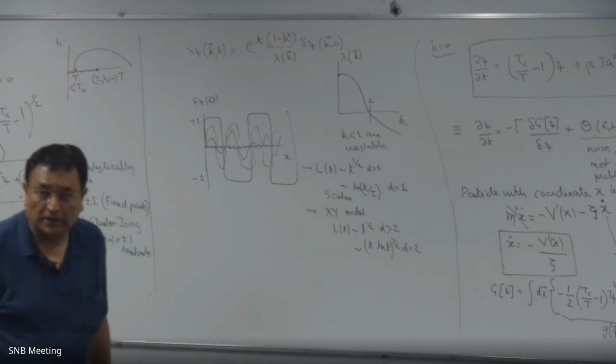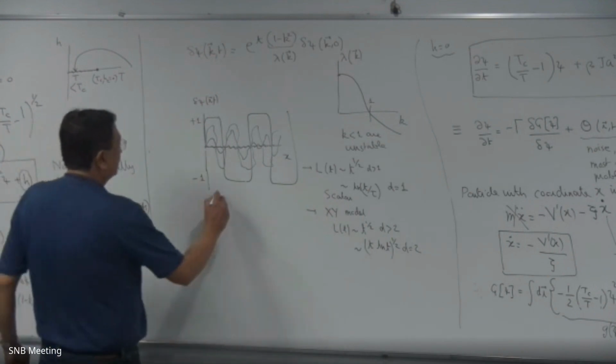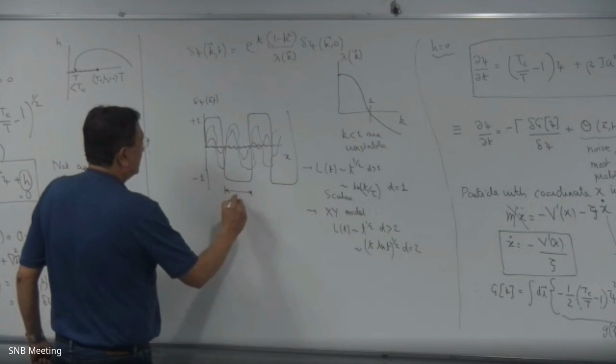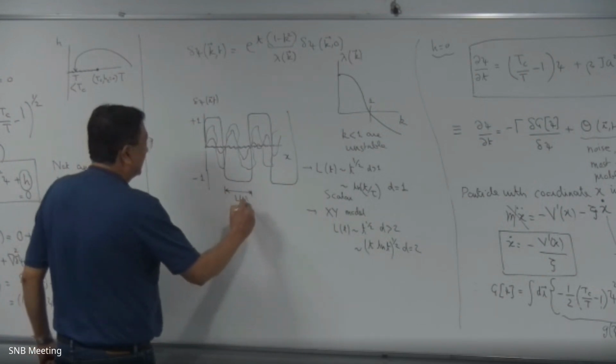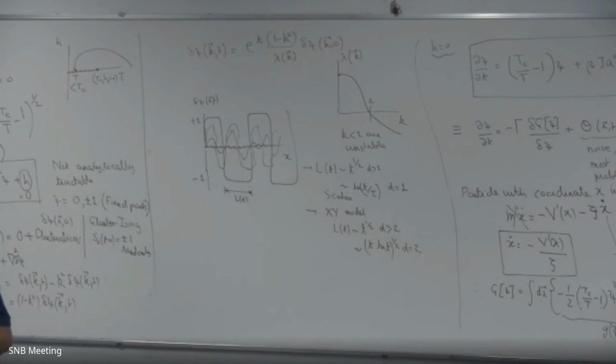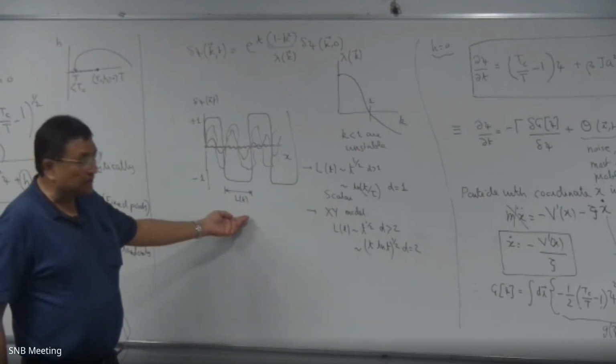What is L(t) defined as? L(t) is the typical size of this system at time t. Obviously, every domain doesn't have the same size. Even for an infinite system, it will be finite. It's just the size of a typical domain, and it grows with time.